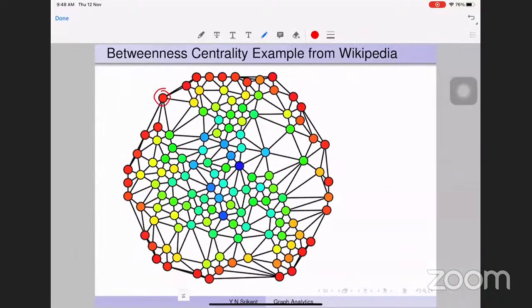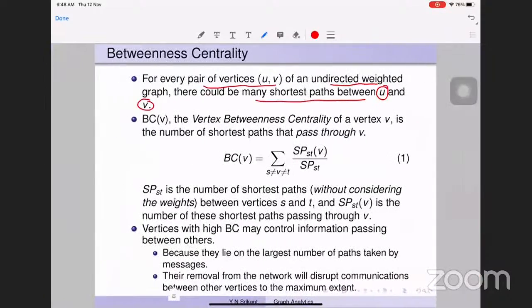If I want to go from here to here, there will be many shortest paths. Absolutely no problem. So the betweenness centrality of a vertex V is the number of shortest paths that pass through V.